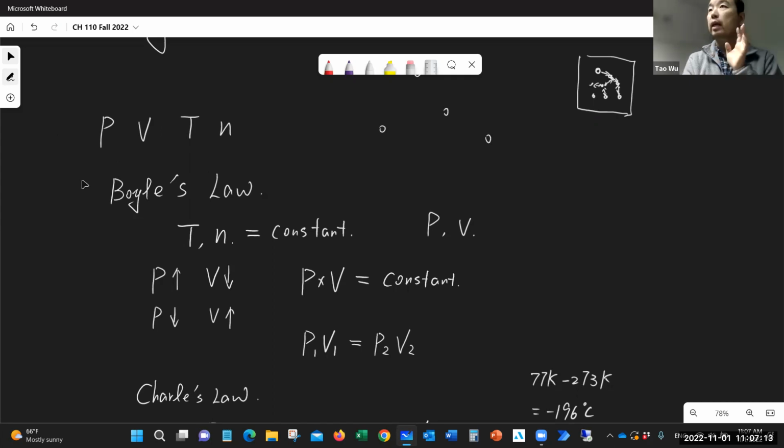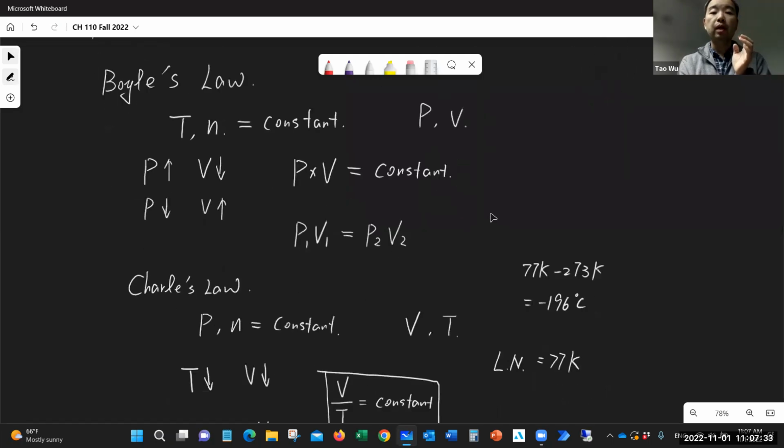So that is what the gas law is talking about. For Boyle's law, the temperature and the moles of gas are constant. So then we're changing the pressure, and what is the relationship between the volume and the pressure? So that is Boyle's law.